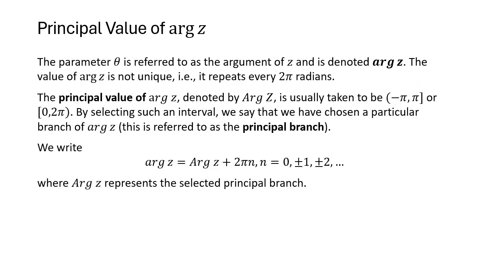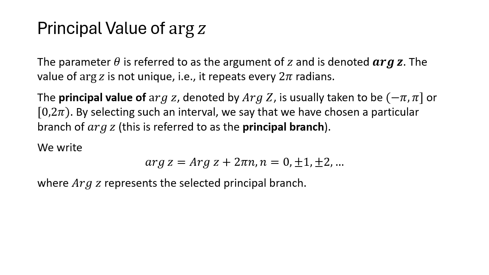The parameter theta is often referred to as the argument of z. And the problem we have here is that the argument of z is not unique. So if we have, for example, 45 degrees or pi over 4, then every 180 or 2 pi radians, we either add or subtract, we come back to the same value.